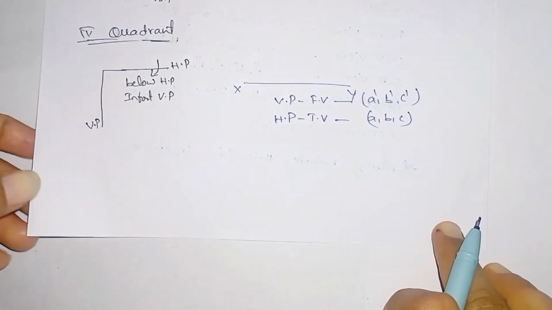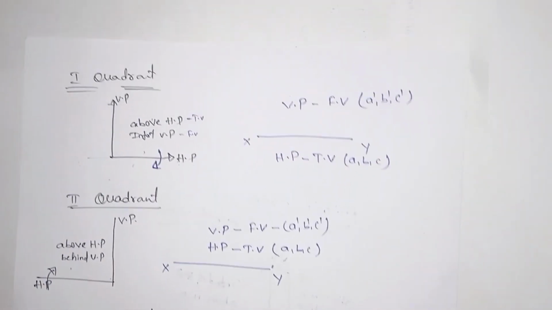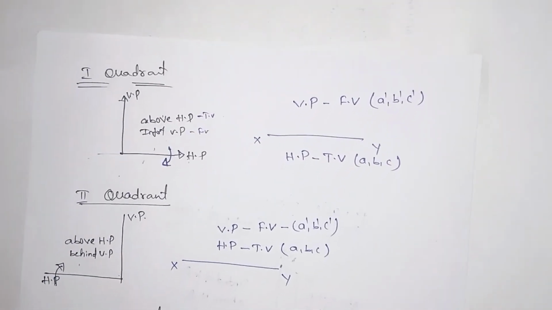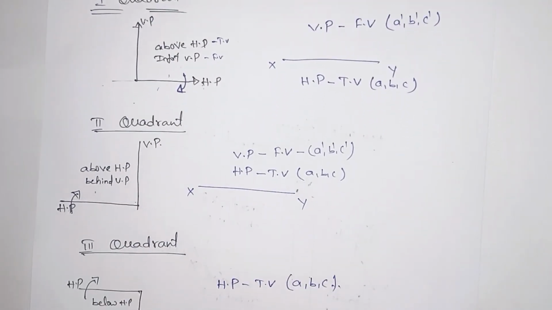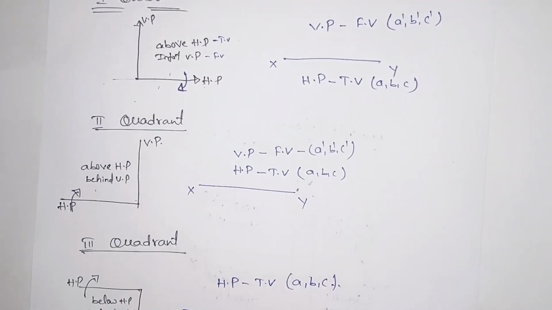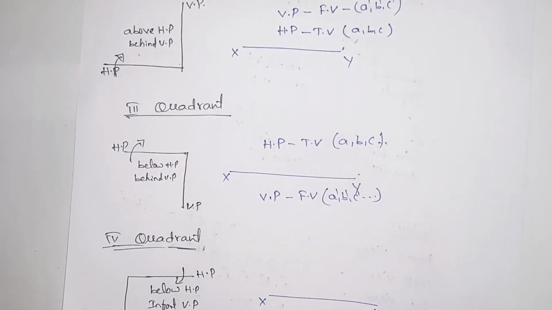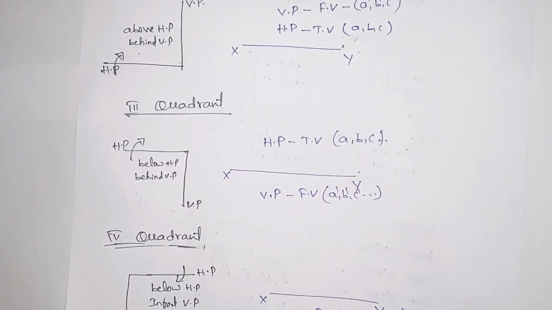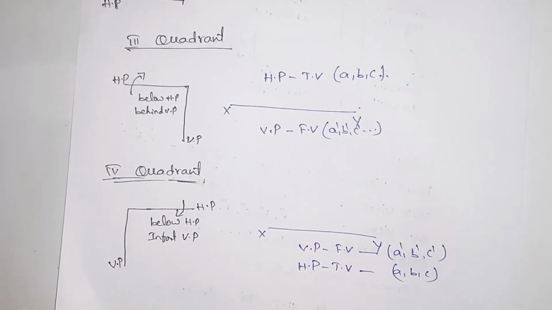What happens in the four quadrants? In the first quadrant, above the reference line is VP and below is HP. In the second quadrant, both VP and HP are upside, depending on the distance. In the third quadrant, HP is above and VP is below. In the fourth quadrant, both are downside.